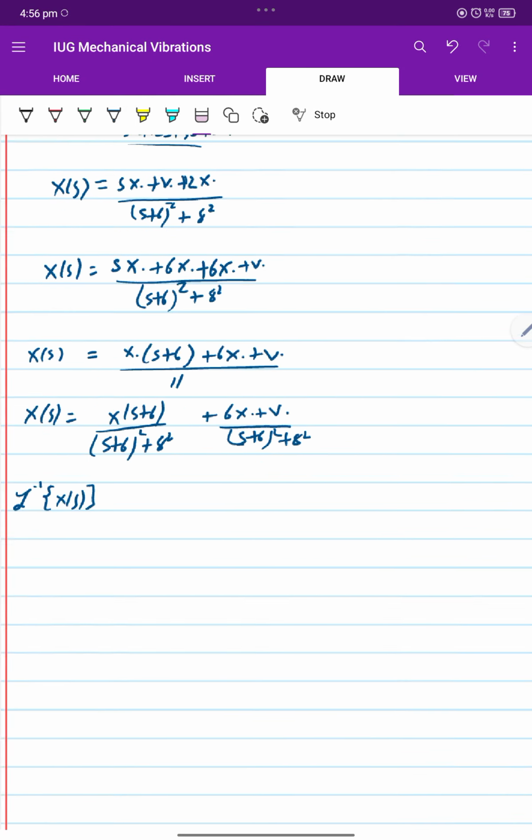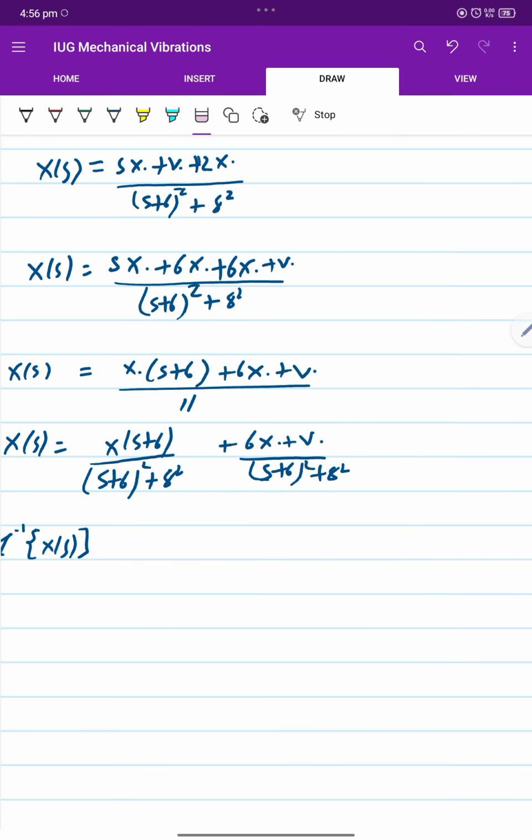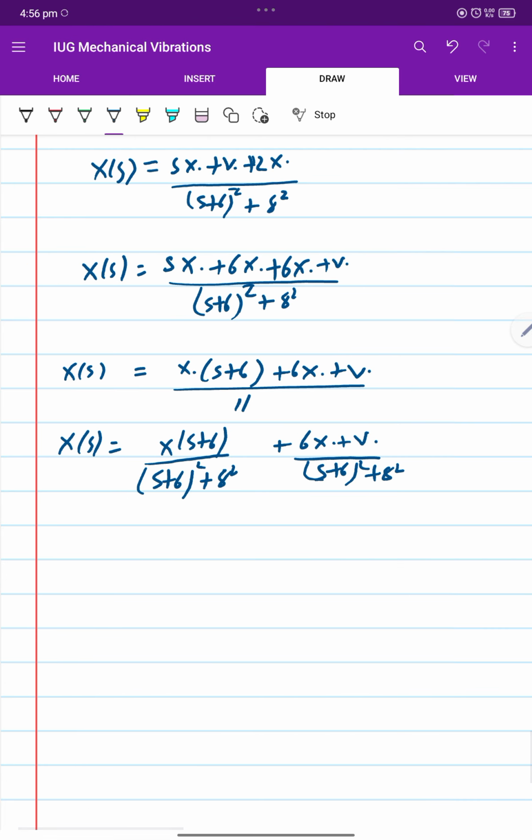So what we can do is, currently I'm not doing the inverse Laplace, just simplify. You can further play with the second one so that it matches any of those ones. If you see, there's a pattern here, s plus 6 divided by s plus 6 square plus 8 square, it matches some of those. I will show you.